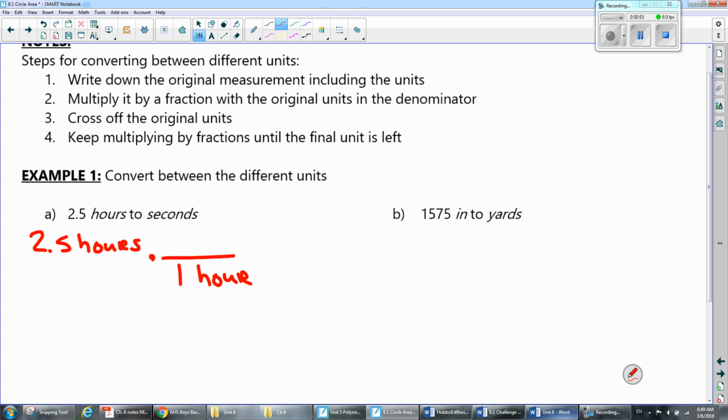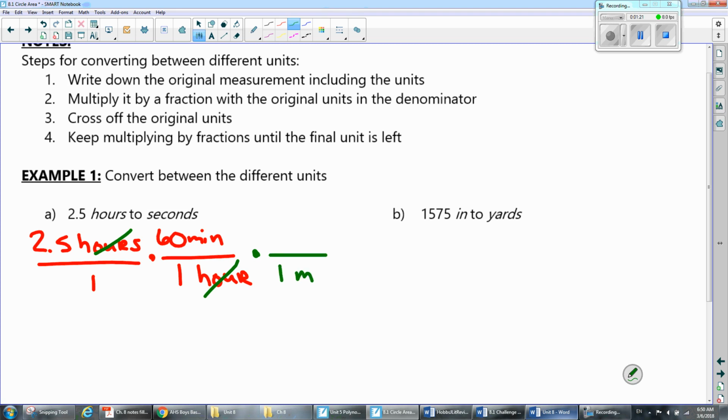So if I think about converting from hours to seconds, my next smallest thing I could convert to would be minutes. So in 1 hour, there are 60 minutes. When I multiply these two fractions together, the original units, one from the numerator, one from the denominator, get crossed off. Now our answer would be in minutes, but we want seconds.